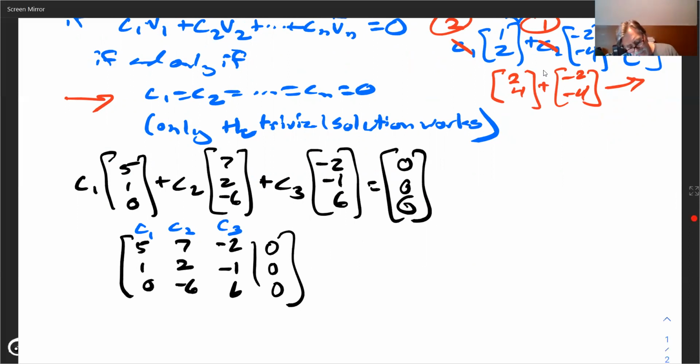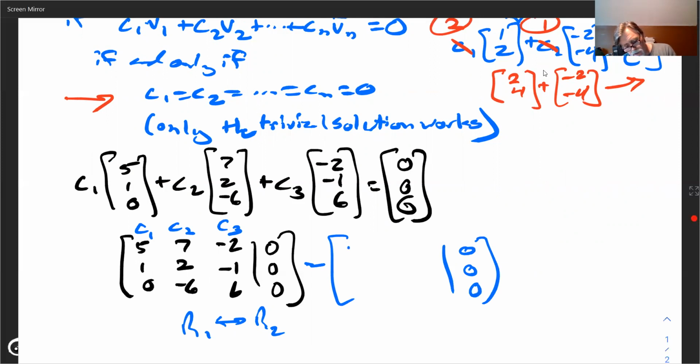So what I think I'm going to do is take row 1 and switch it with row 2. So that's going to send him to the top, and I'm going to go kind of quick with this. So 1, 2, negative 1, 5, 7, negative 2, and 0, negative 6, and 6.